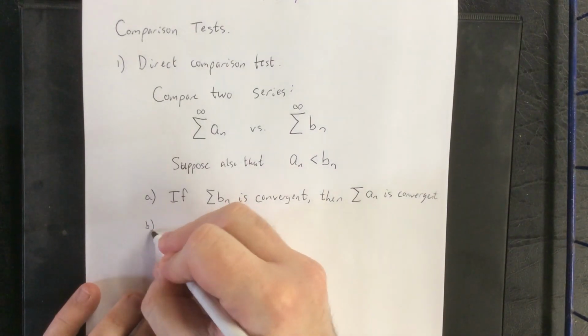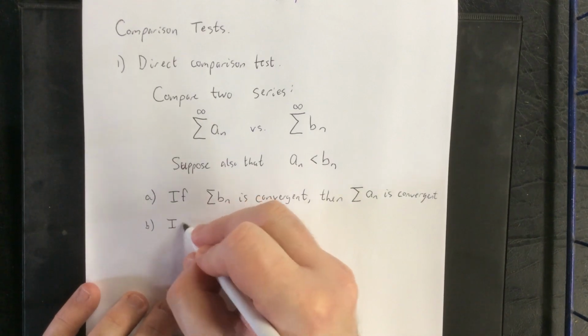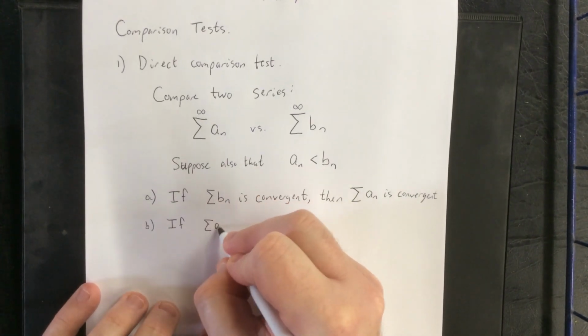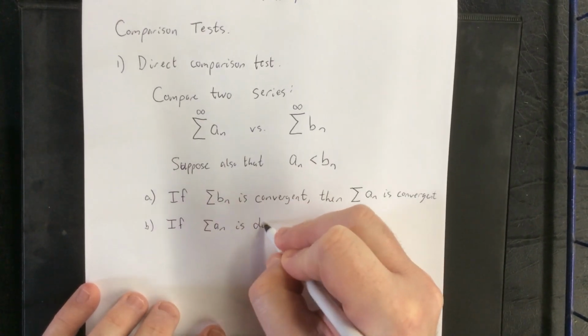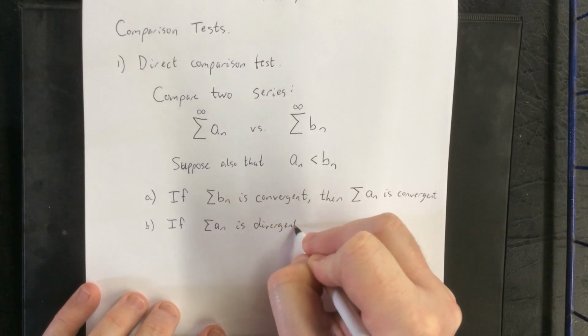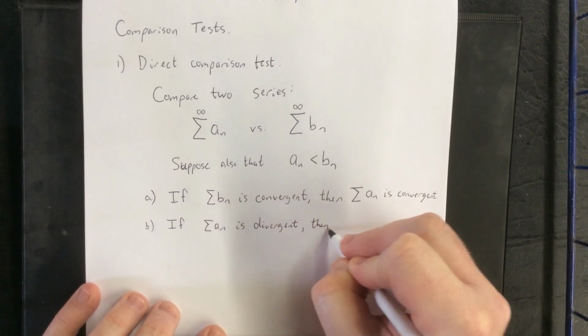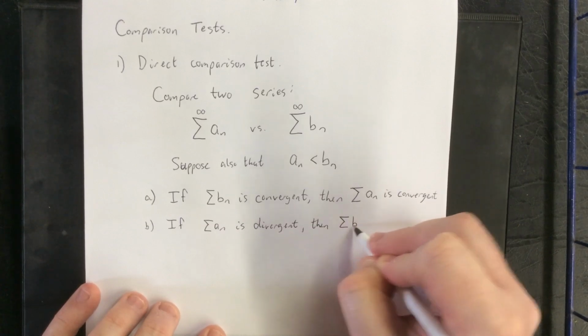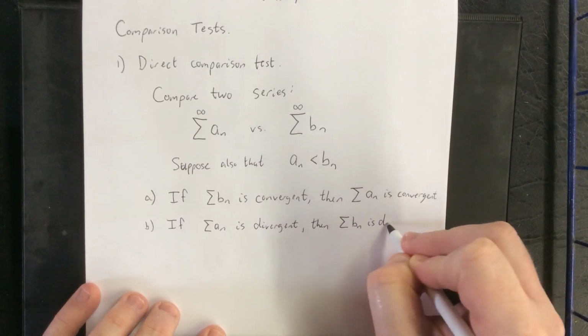Suppose also that the smaller of the two series is divergent. Then that means that the larger of the two series is divergent as well.